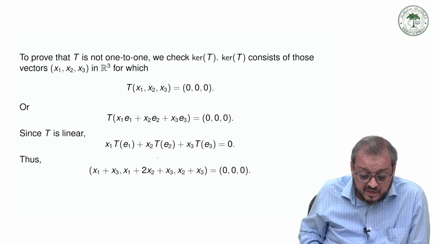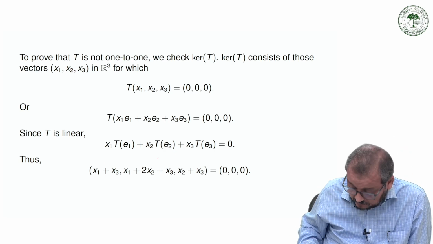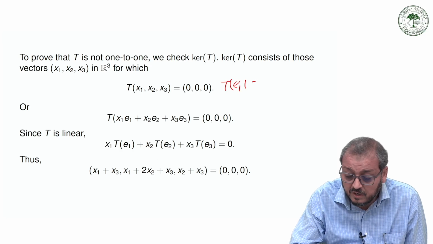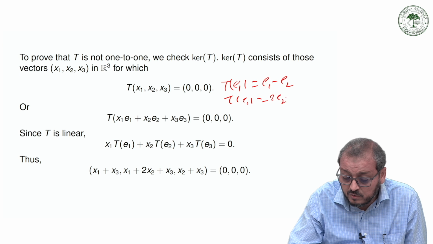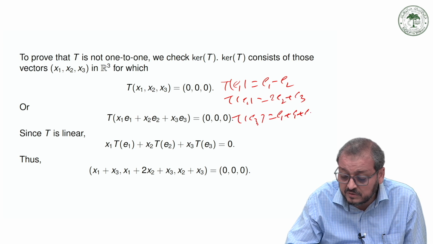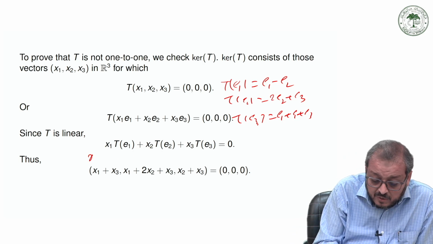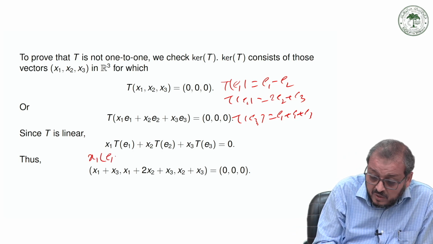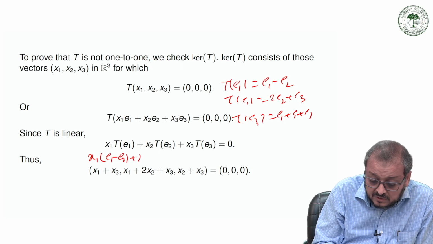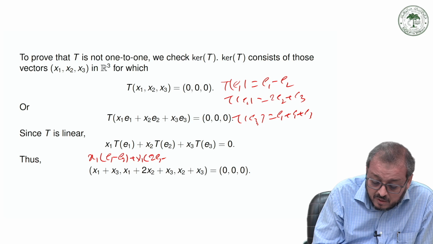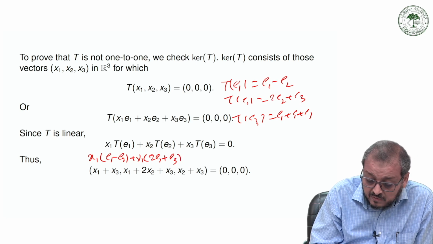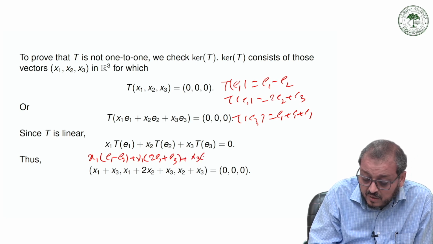We have T of E1 equal to E1 minus E2, T of E2 equal to twice E2 plus E3, and T of E3 equal to E1 plus E2 plus E3. Substituting here, we get x1 times (E1 minus E2) plus x2 times (twice E2 plus E3) plus x3 times (E1 plus E2 plus E3).